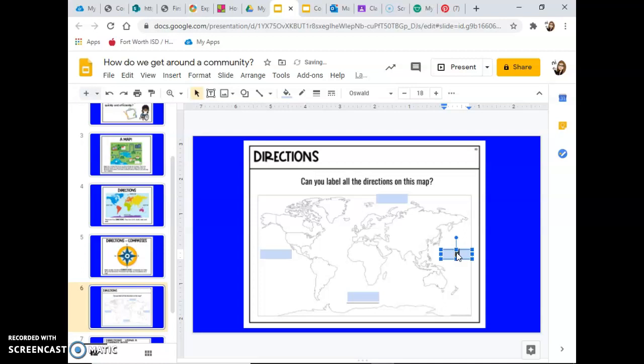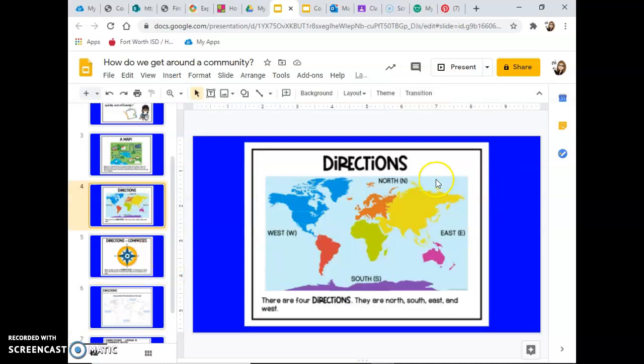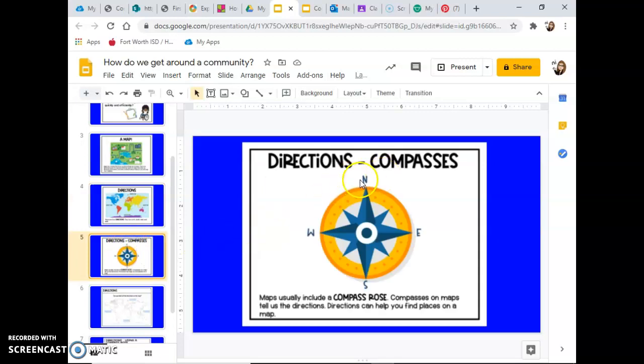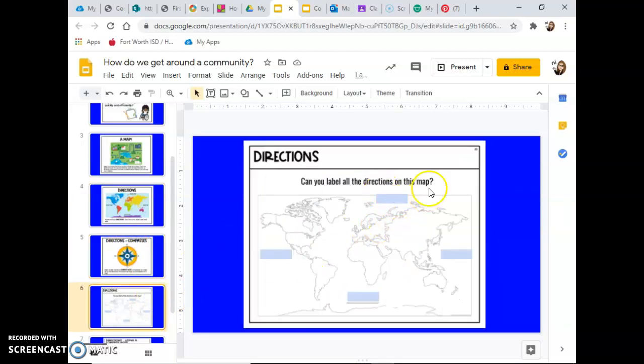So you see there. You have to label on your map which one is north, east, south, and west. If you forgot how to spell, you can come back to page number 4 because it has it spelled out for you. I will also accept an N, an E, an S, and a W, but I will not accept no answer.